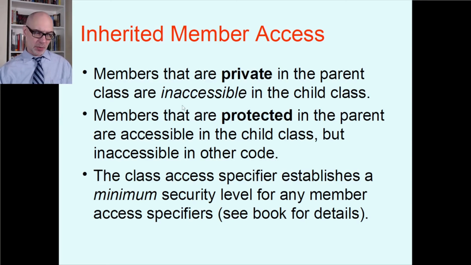Now, remember, here's that third thing. If you don't like the fact that the member data that was private in the parent is now inaccessible in your child, you could make it protected instead, back in the parent class. That's what the protected access specifier is for. You make it protected in the parent class, and then all that data is accessible in both the parent and the child class, but inaccessible in other code.